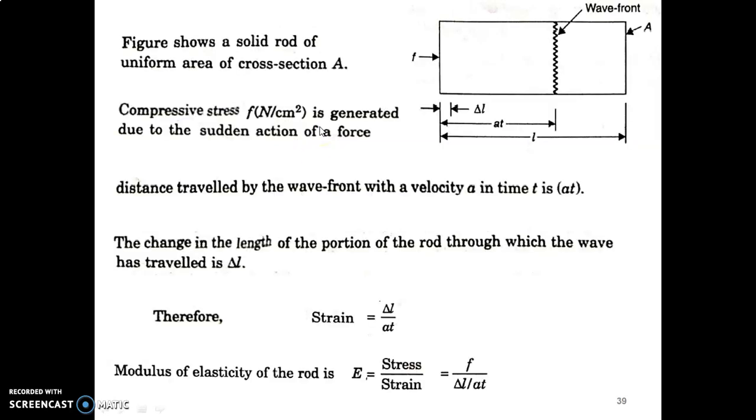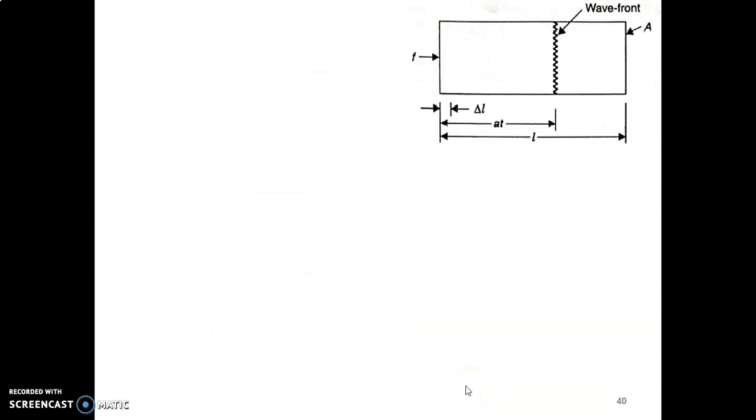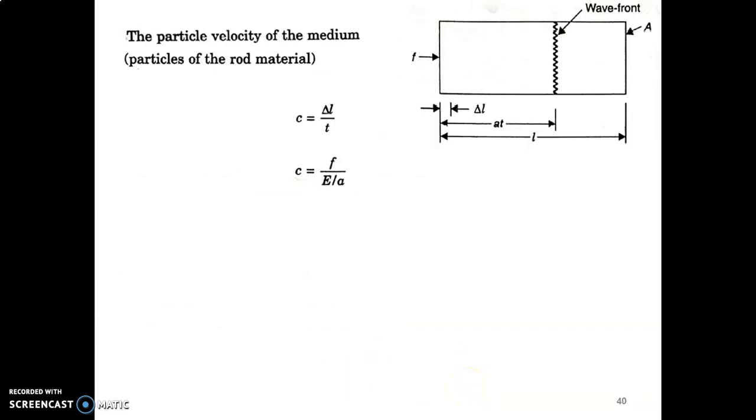We have already derived E is equal to F divided by delta L by a t. We have also derived c is equal to delta L by t. That means E is equal to F by c by a, and that means c is equal to F by E by a. So now we have obtained a relation for the medium velocity. Now applying the momentum equation to the above system.